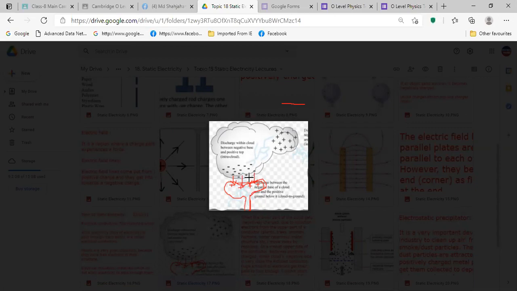Like if we have any tree or plant here, or any water body, that type of conductor, then these electrons are getting a path to travel. Then a huge amount of electrons travel through this section within a very small time. Then we have a sparking flash of light, and sound is also coming.